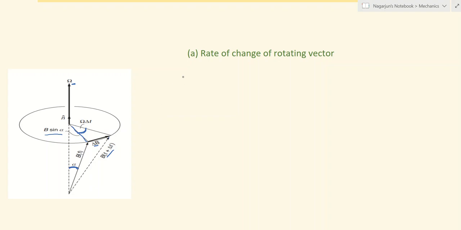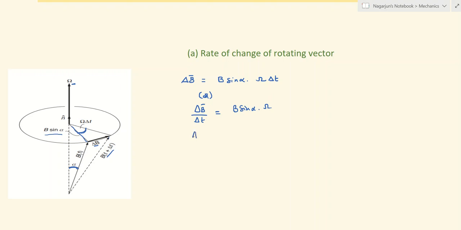Therefore, I can express the change in that vector, delta b bar, is equal to b sine alpha into omega delta t, or delta b bar by delta t is equal to b sine alpha into omega.